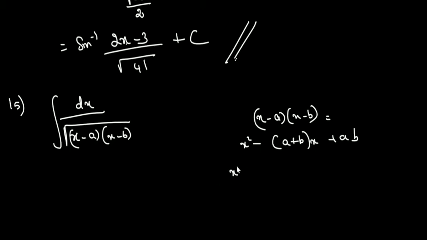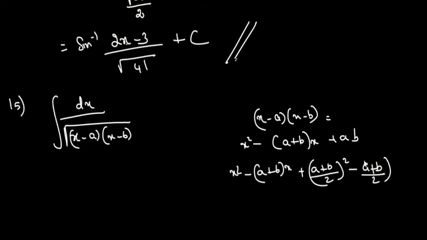So it is equal to x square minus a plus b x plus a plus b by 2 the whole square. Okay, we are dividing by 2 and then squaring it. Minus a plus b by 2 the whole square plus ab.